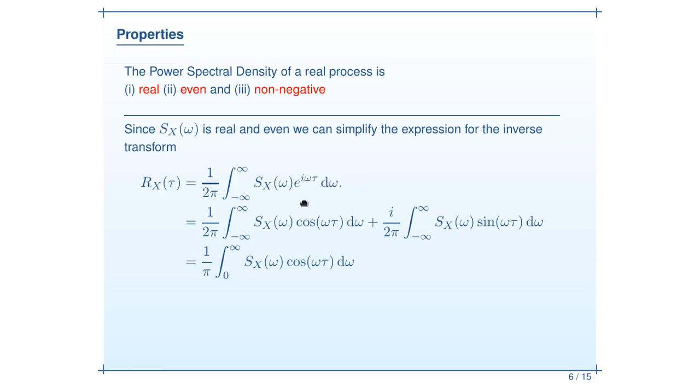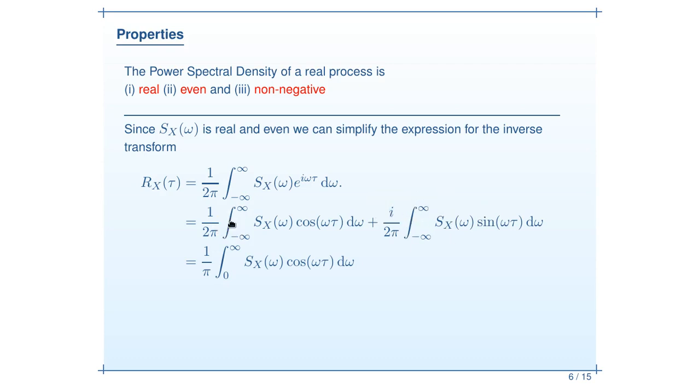Now you can write this as the sum of a real and an imaginary part like this. Since we have just now proved that Sx omega is real and even, this becomes 2 times this integral, and Sx omega is even, this is odd, so the product is odd. So the imaginary part integral will become 0.